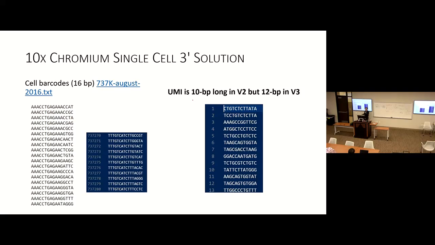So all the combinations of the gel bead barcode being used is more than enough, because these 16 base pair combinations are each unique, reaching 737K. So this is the original design from 2016.